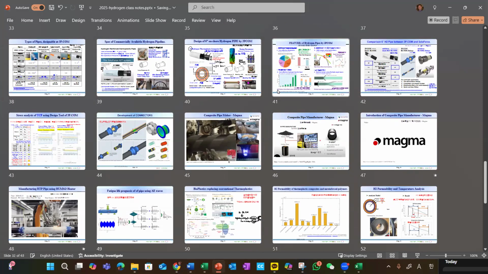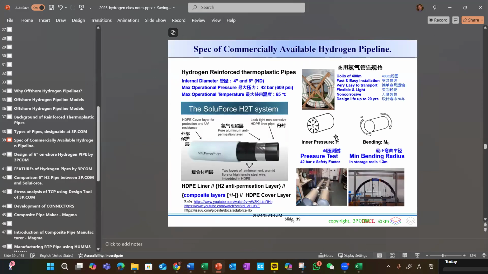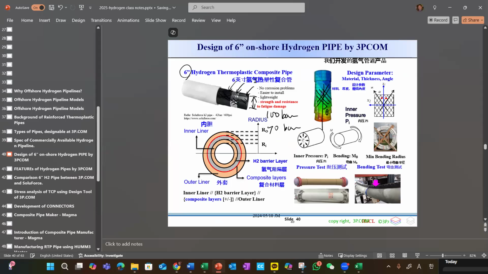Okay, so this is the one, and then design of 6 inches, about 150 onshore hydrogen pipeline. This is our design.